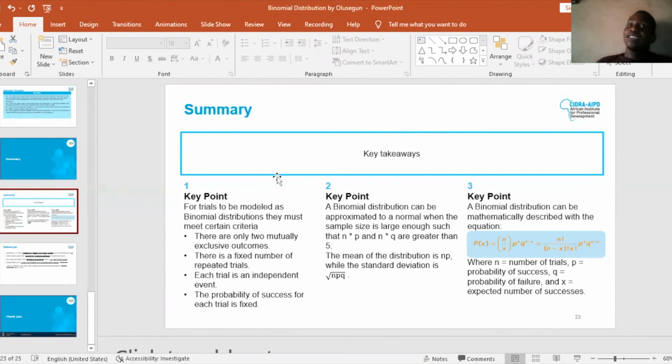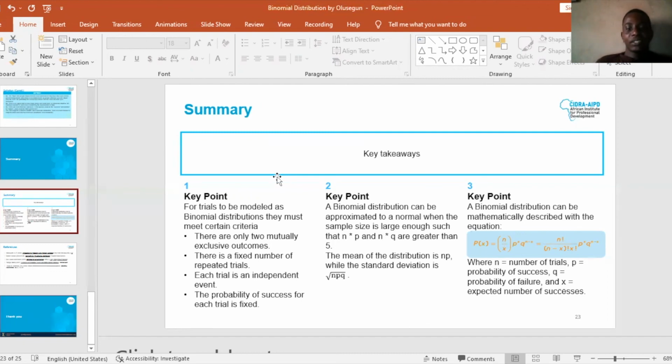That means you can't have an infinite number of trials. The number of trials, n, must be finite. Third, each trial is an independent event. That means one trial does not affect the outcome of the following trial or others. And fourth, the probability of success for each trial is fixed. It is the same, it does not change.